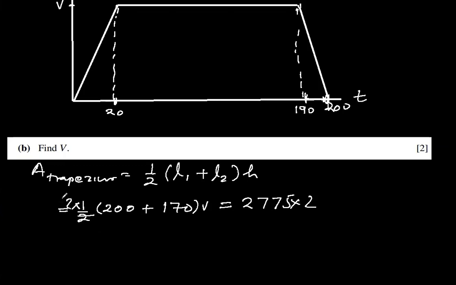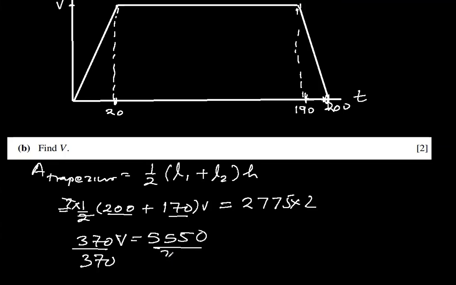So 2 and 2 cancel. 200 plus 170 is 370, so 370 v equals 5550. Now divide both sides by 370, and 370 and 370 cancel out, v equals 15 meters per second.